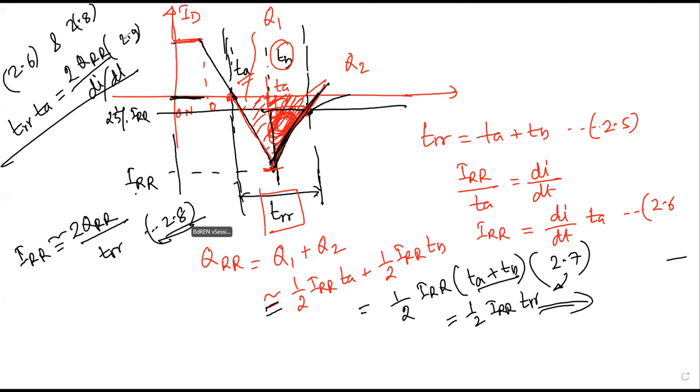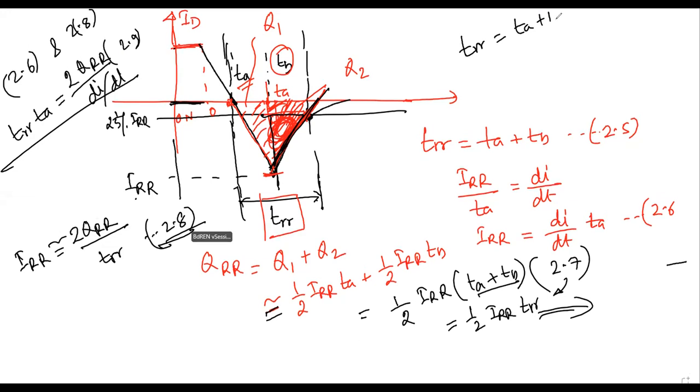But they have approximated more. TRR equal to TA plus TB. If TA is much greater than TB, then can you write TRR equal to TA?